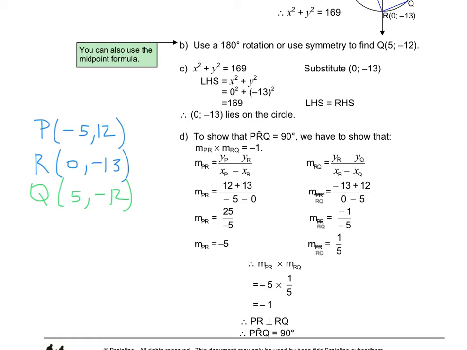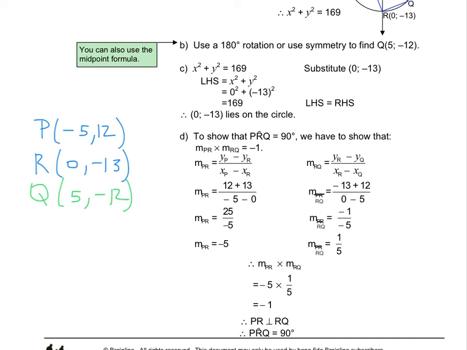I must now check whether the two gradients multiplied by one another will give me minus 1. In other words, are they perpendicular? So I will take my gradient of PR, the minus 5, and multiply it by the gradient of RQ, the 1 over 5.